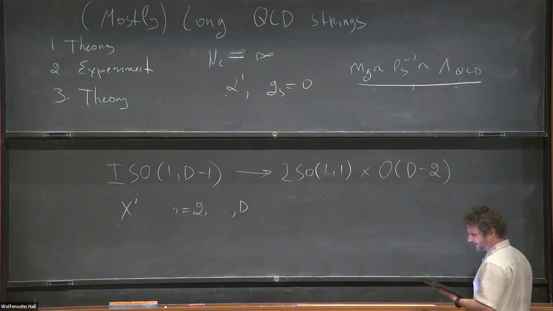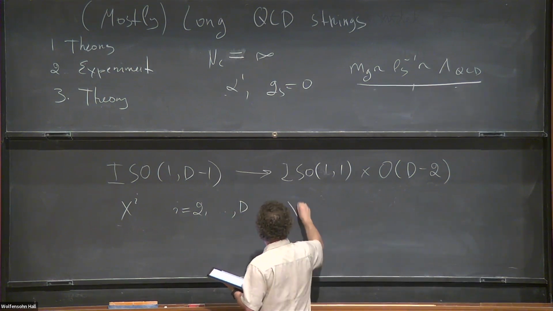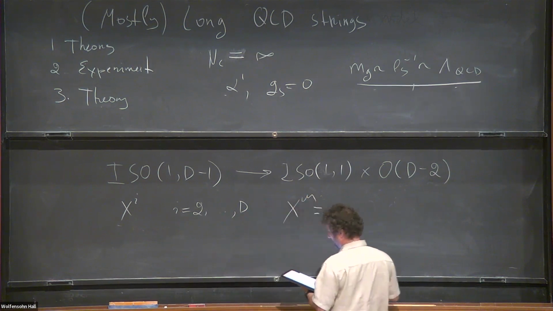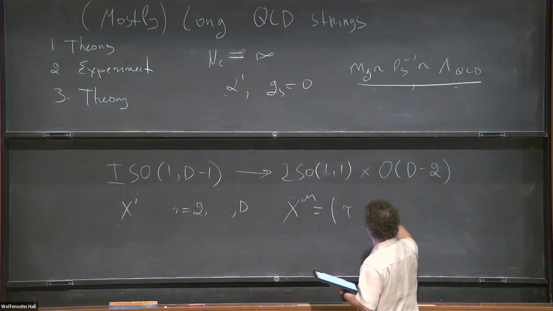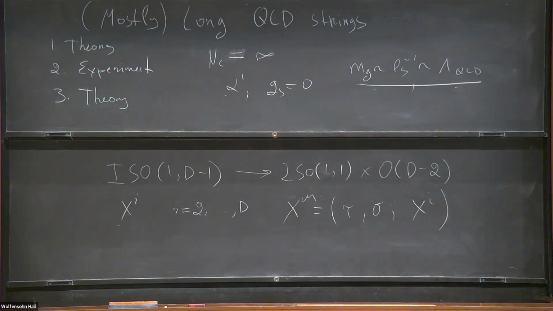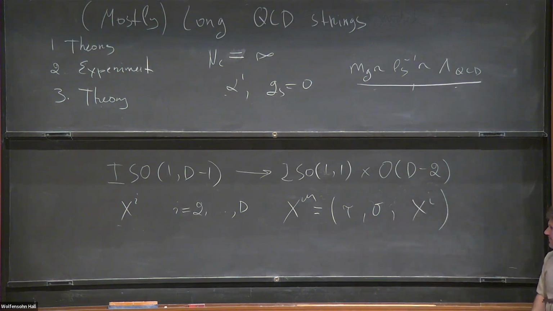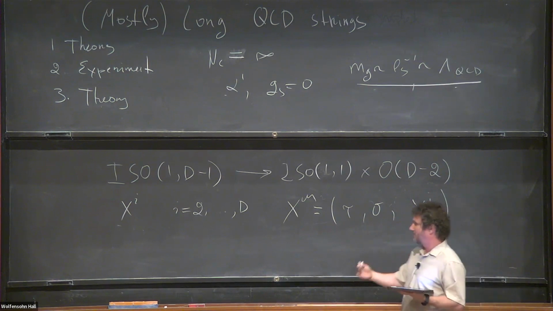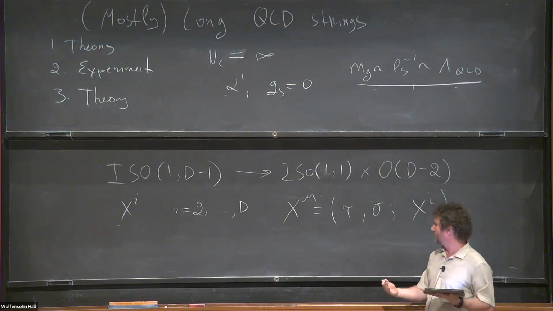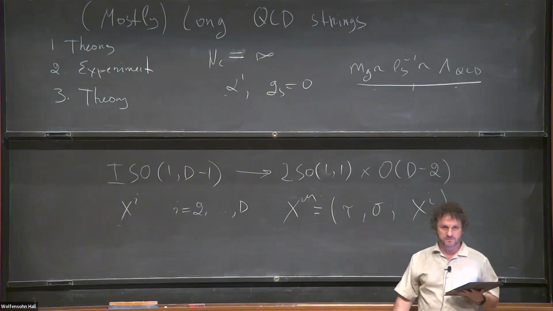And so to build an effective field theory describing the dynamics of these modes, it's convenient to look at the object which is a d-dimensional vector. You may think about this as the analog of, say, the U field in the chiral Lagrangian, or you may think about starting with a more covariant description of a string and fixing what's called static gauge, x0 equals tau, x1 equals sigma.